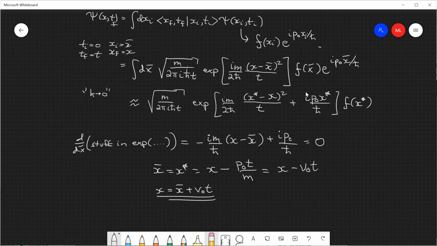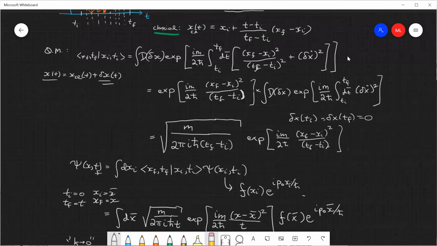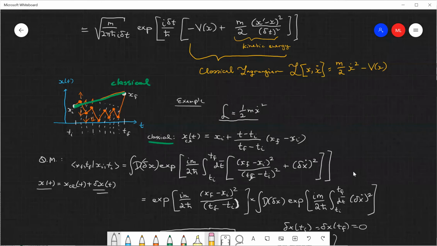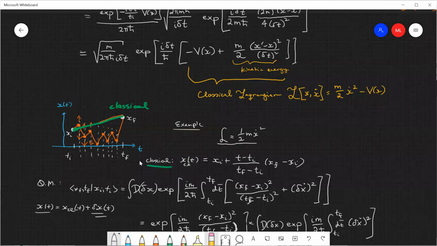This path integral approach tells you that although all paths contribute to the probability amplitude like this, in the classical limit it's easier to see in the path integral that the path that will contribute the most is the one that extremizes the action, if you remember that from classical mechanics.